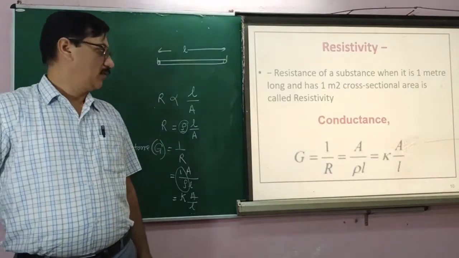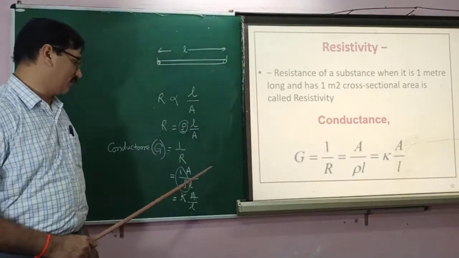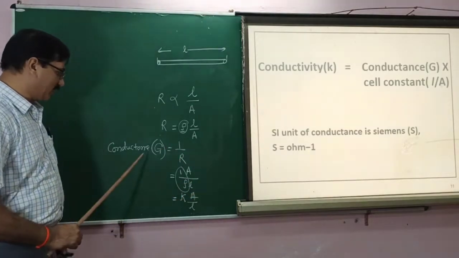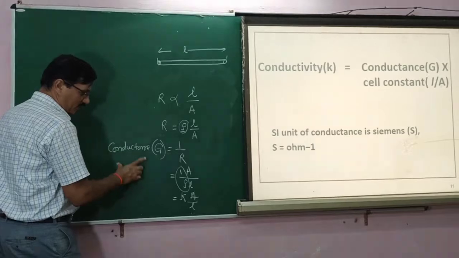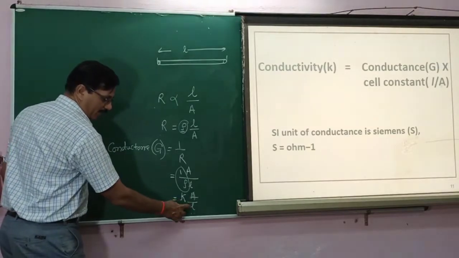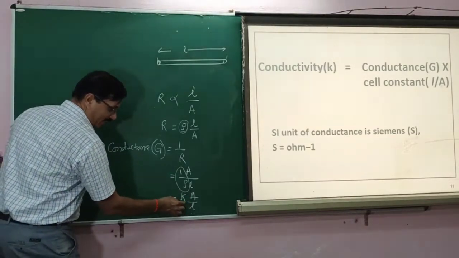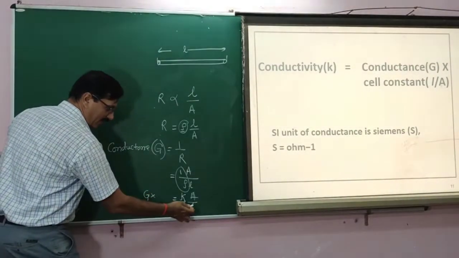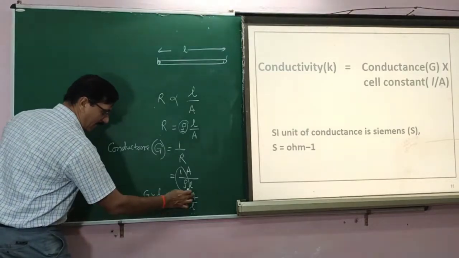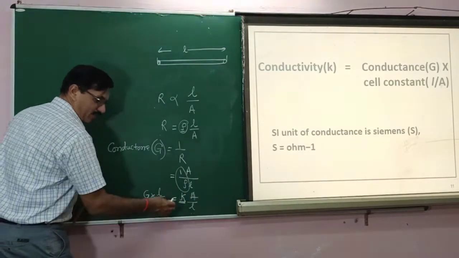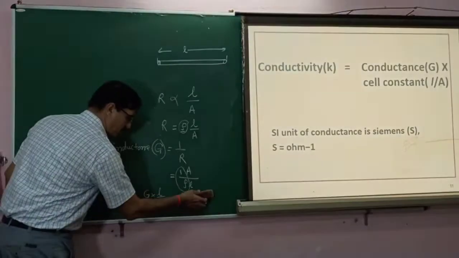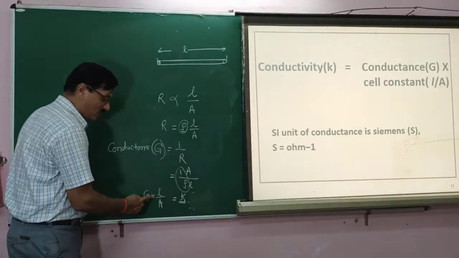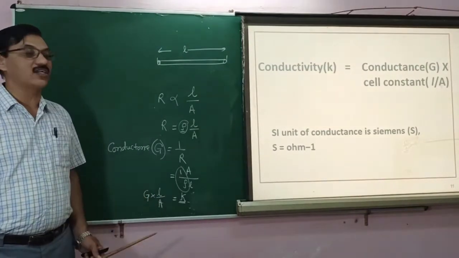Now, if you modify this equation, conductance G is equal to kappa into A by L, or else conductivity kappa is equal to conductance G into L by A, because A by L becomes L by A when brought to the other side. So conductivity is equal to conductance into L by A, which is called the cell constant.